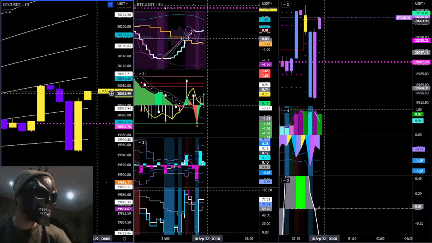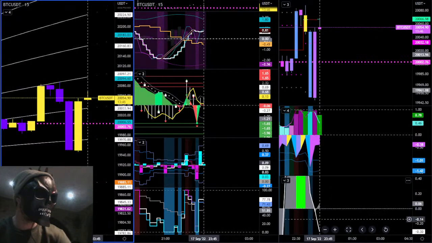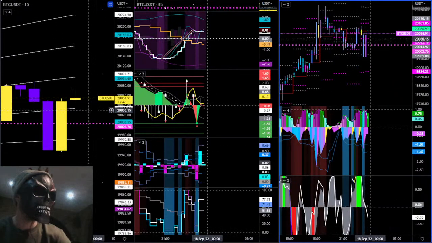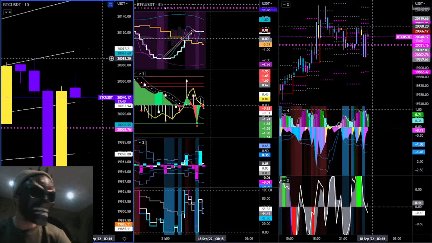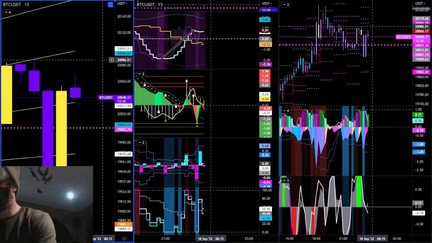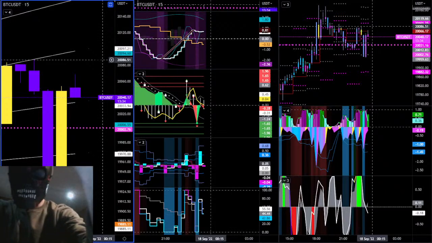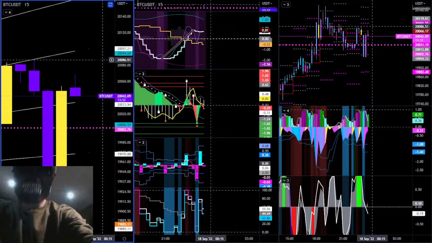I'd have expected that lift to kick this grey cloud in. It looks like it's pumping itself into a dump.